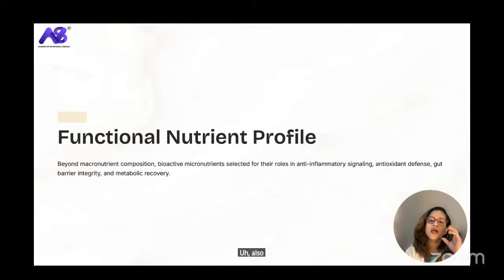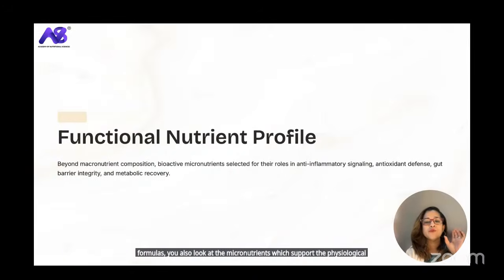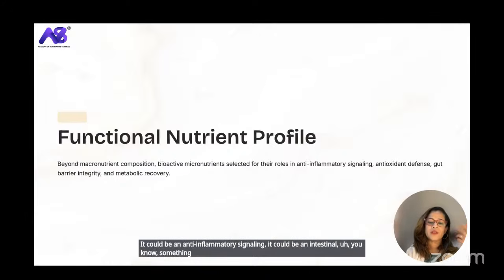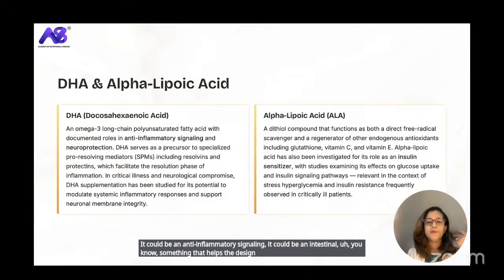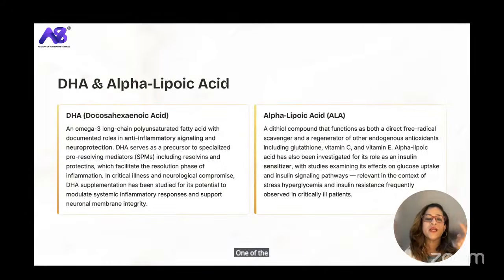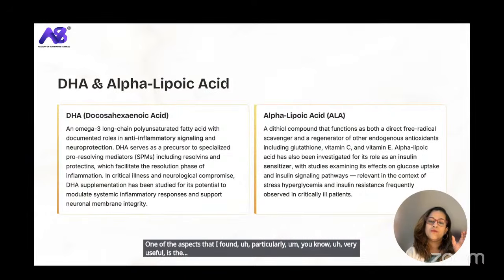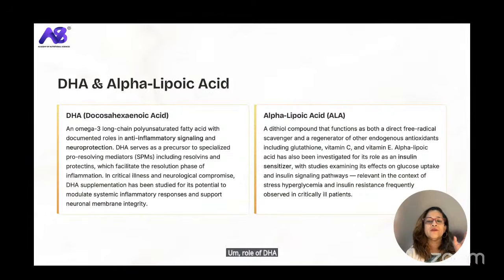Also look at the other aspects. Besides macronutrients in formulas, you also look at the micronutrients which support the physiological process. It could be anti-inflammatory signaling, it could be something that helps the intestine. So there could be many things. One of the aspects that I found particularly useful is the role of DHA and ALA.